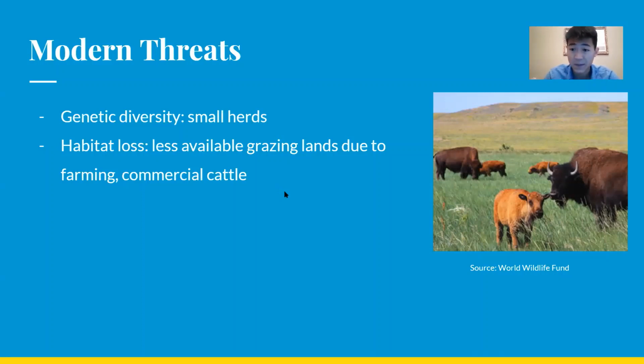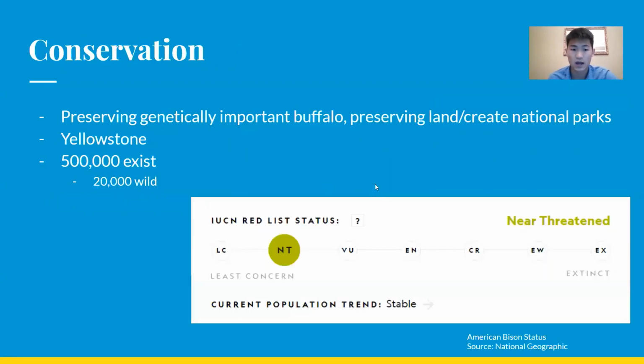So cows, a lot more farms and ranches, right? They have a lot more commercial cattle in these plains, and these cattle take up the land that used to be the bison's land. So you have habitat loss. These bison have less and less grazing land. And so, as I said before, only 20,000 are left in the wild.